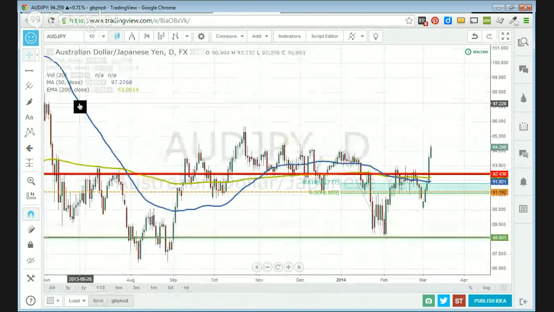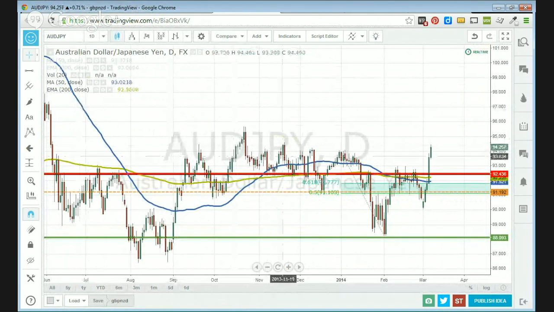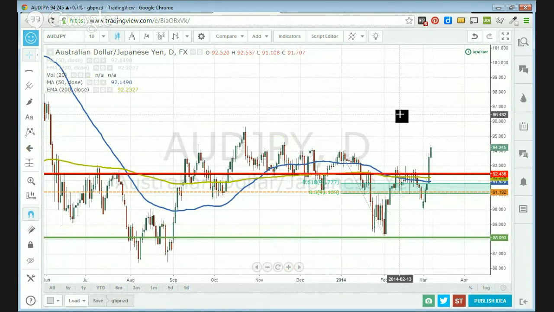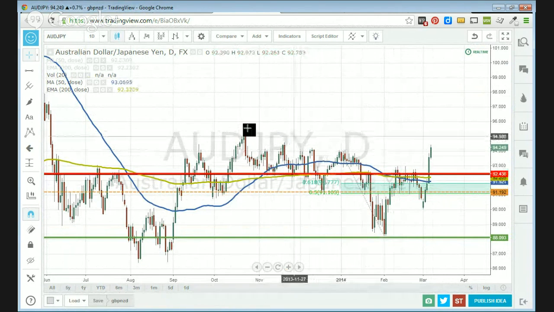Aussie yen. I had shorted this here, and it went in my favor a bit. Then I moved my stop to break even. Now it's just soaring higher. Let's see if we get a pullback of some type. It's a little range bound, but I could be interested in buying at this level too.